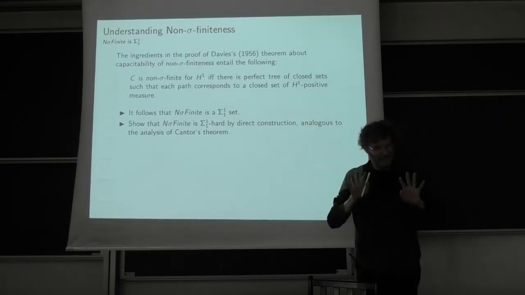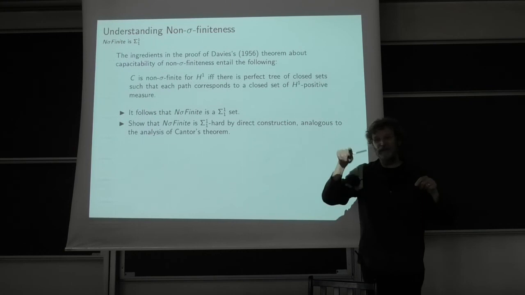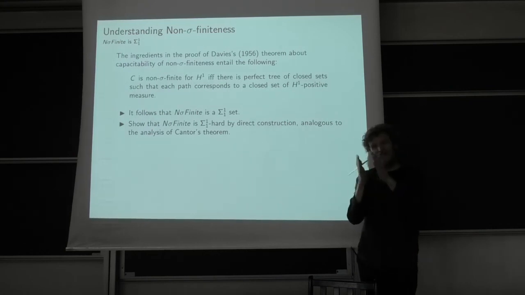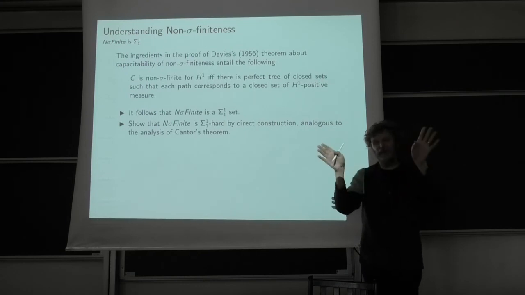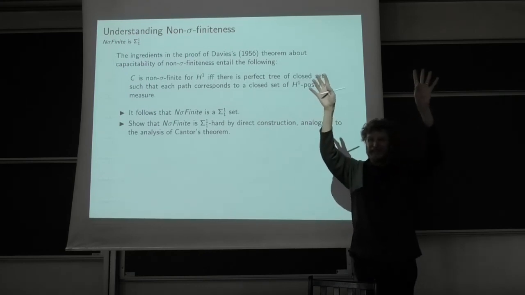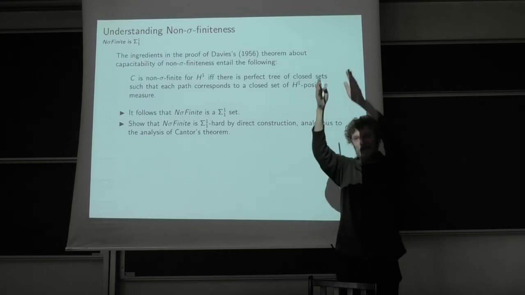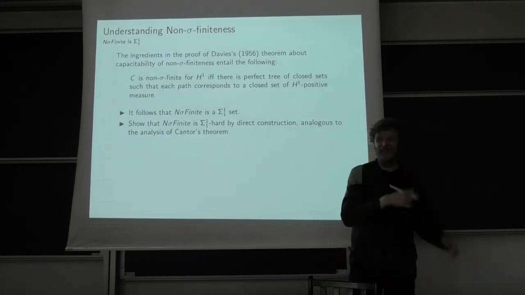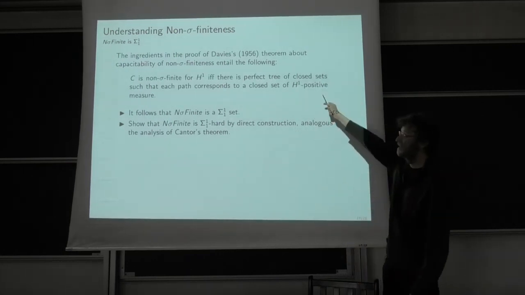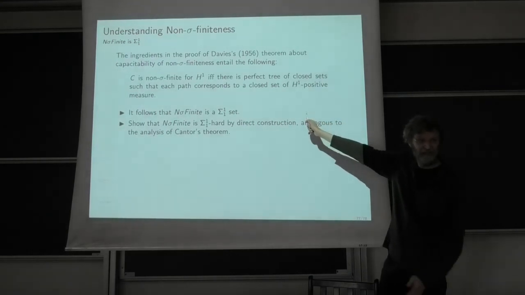And you can get a perfect set, and then you have to do some work to make sure that along each path it doesn't shrink to zero. So you keep breaking it up into sets that are really, really large, so that the intersection along any path is not null. And so that was Davy's methodology in his proof.